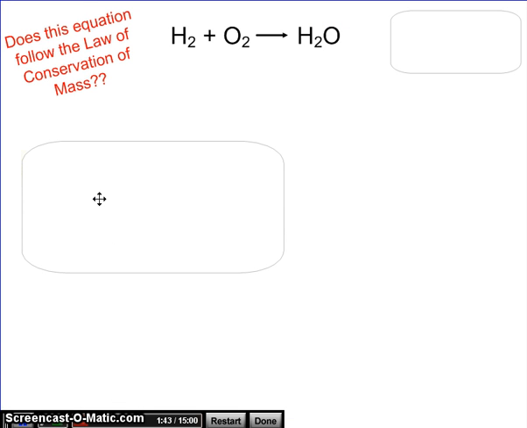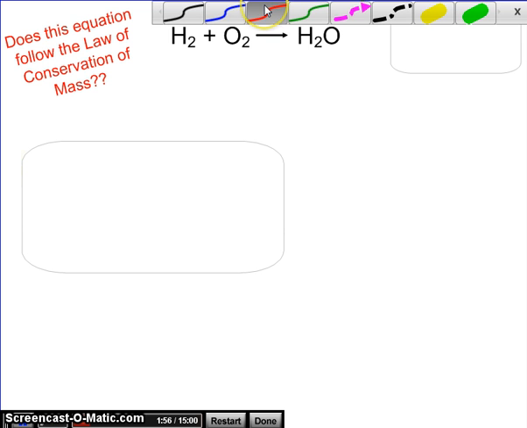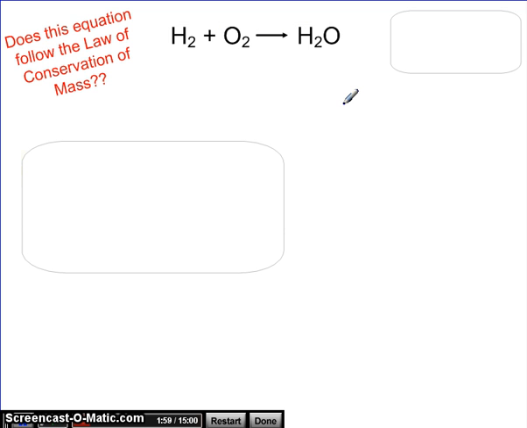So if we look at this first example, we have hydrogen reacting with oxygen and producing water. So we need to ask ourselves, does this equation follow the law of conservation of mass? There are 2 things that we can do, and one I really use a lot is just setting up a chart where I look at my reactants, and I'm just going to put an R, and I look at my products, so a P. And then I look at the atoms that I have in the equation.